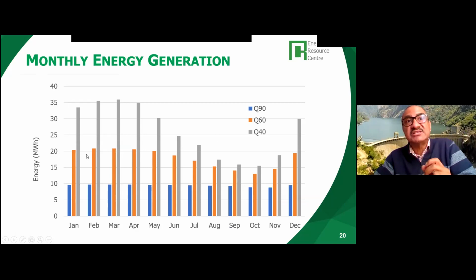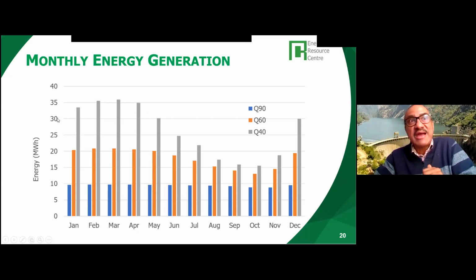Whereas Q40 generates full capacity for 3-4 months. There is some fluctuation here. Normally this should be more or less the same, but because of some variation within the month, the quality of data is important. This is the energy generation pattern in terms of megawatt hour.